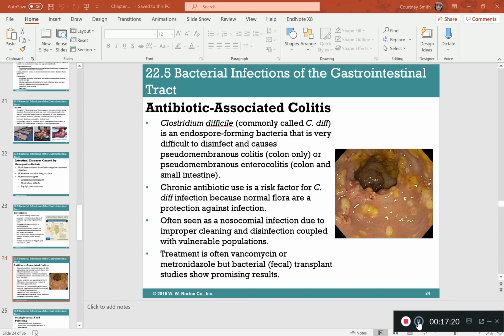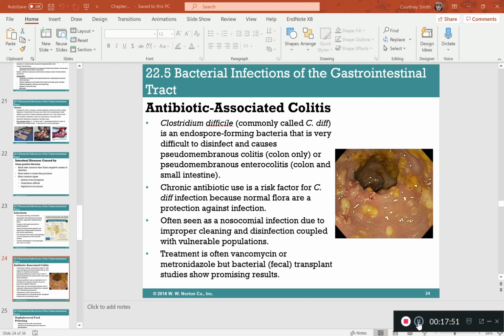So it's normally a nosocomial infection due to improper cleaning or disinfecting of the equipment, but it can be acquired in the community or because somebody has excessive antibiotic use. So common treatment is vancomycin or omeprazole, but there have been documentations that a fecal transplant is promising.